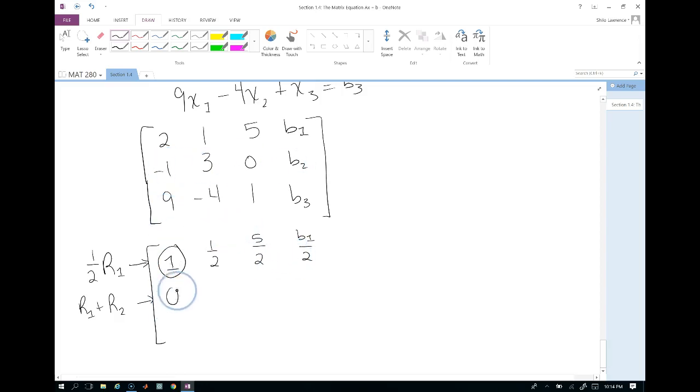So 1 and negative 1 is 0. A half and 3 is 7 halves. 5 halves and 0 is 5 halves. And then we've got B2 plus, and let me change the order so it is consistent with how we wrote it. This is going to be B1 over 2 plus B2.